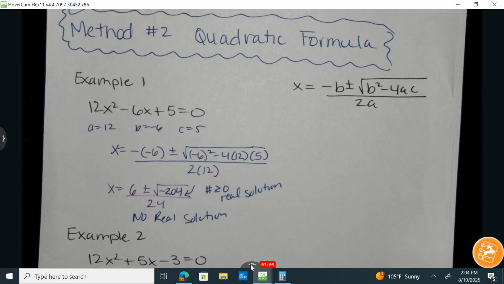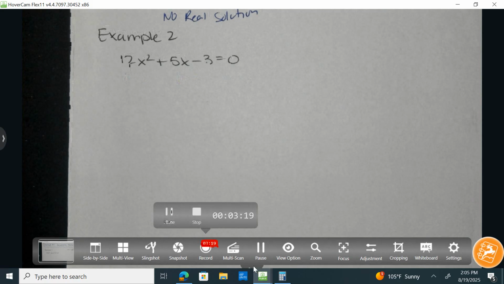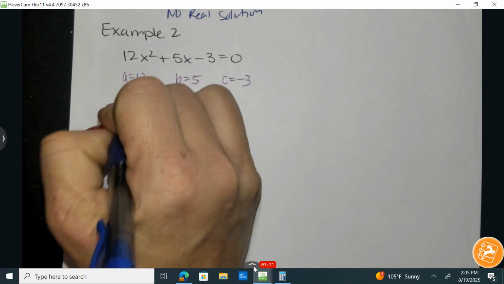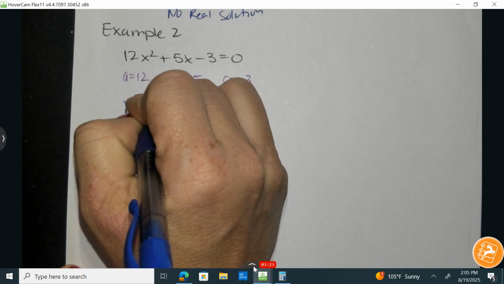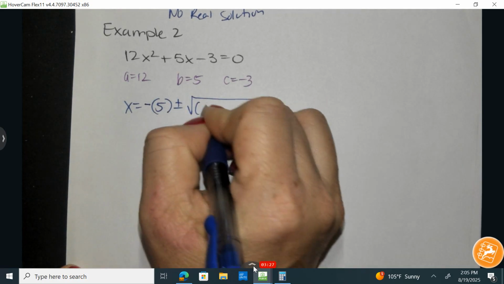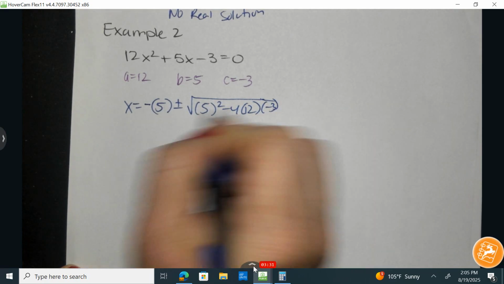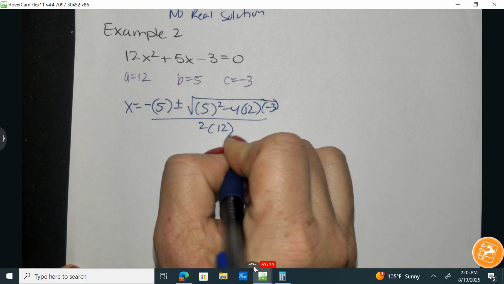Let's look at example number 2. To speed things up, I'm going to take the numbers and input them in. Okay, so here we go. We have x equals, and remember it's -b, so negative with the 5 inside, and then it's going to be b squared minus 4ac, all divided by 2 times a.